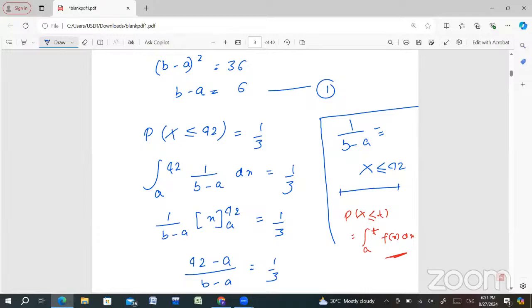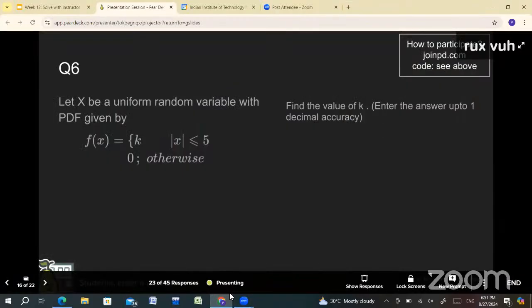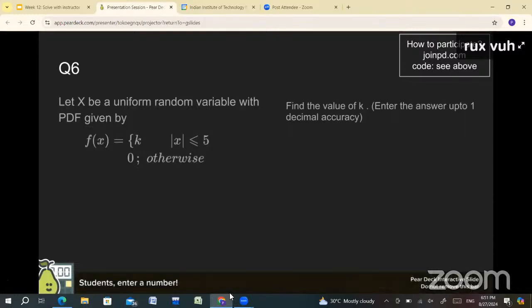Ma'am, I understood that in this question we are calculating the CDF, and in the recent question we were calculating PDF. Yes, that was PDF and not CDF. K was PDF; f(x) is PDF here, and we know PDF is 1 upon b minus a.